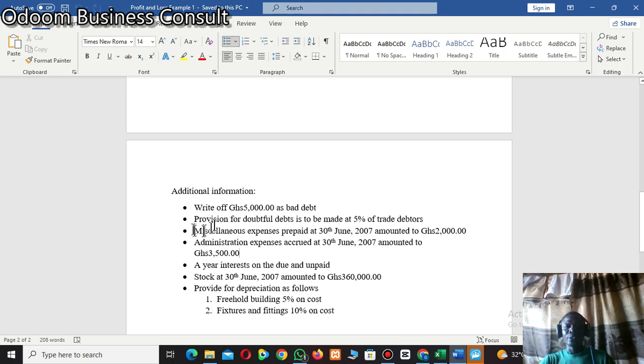When you say miscellaneous expenses in accounting, we are talking about petty expenses that have been put together to make a bigger amount.